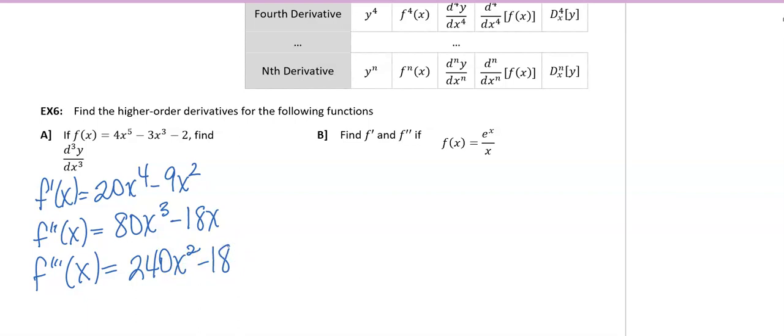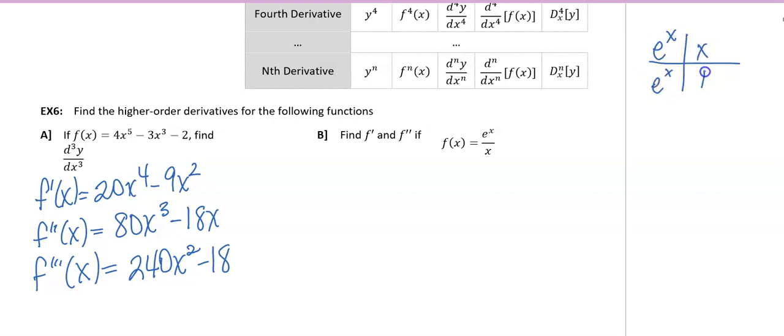All right, for part B, this one is ugly. Your choice, you can do it as a quotient. Some will bump up e to the x times x to the negative 1 if they prefer to do a product. I'm going to go with it as is. So first of all, let's organize. We have e to the x, just x.